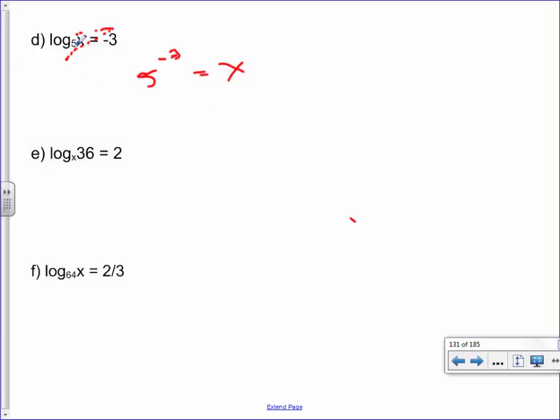Take this base of 5, make it go to the power of minus 3, that's equivalent to x. Well, can't you just type 5 to the minus 3 in your calculator? Yeah, it's 0.008. Problem solved. You want it in a fraction? Or you could make it 1 over 125? Yeah, both would be equivalent. Like it could be this, it could be this.